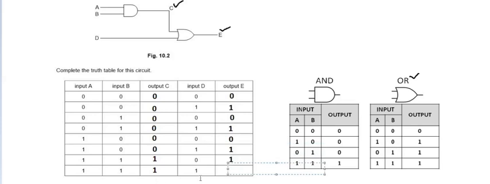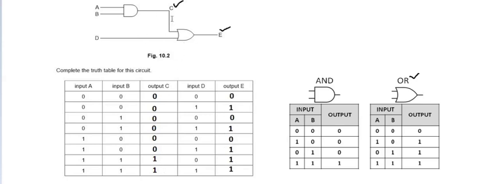In the last row of this truth table, 1 and 1, the output is coming out to be 1. So we found the output E of the OR gate. This is our answer. E is our final output of the overall combination.